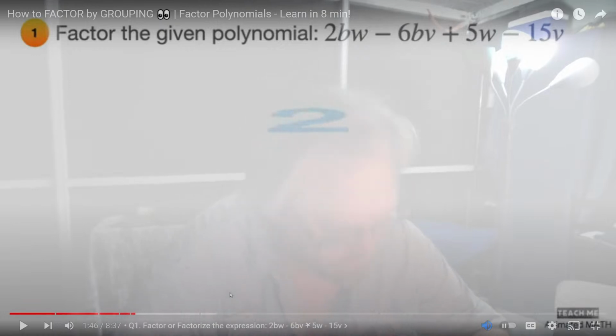So in the first step, I can divide out 2b. No, yeah, 2b times w minus 3v.